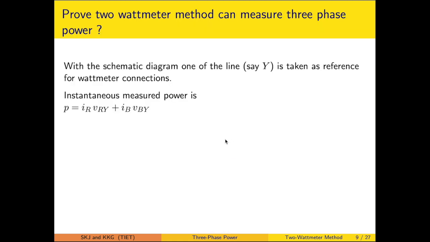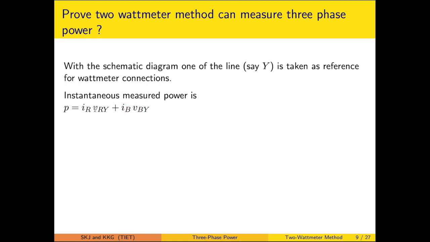Now the question here is how these 2 measurements are able to give us the 3 phase power. On the instantaneous basis, we are measuring IR and VRY, and we are measuring another current voltage pair, power through IB and VYB.